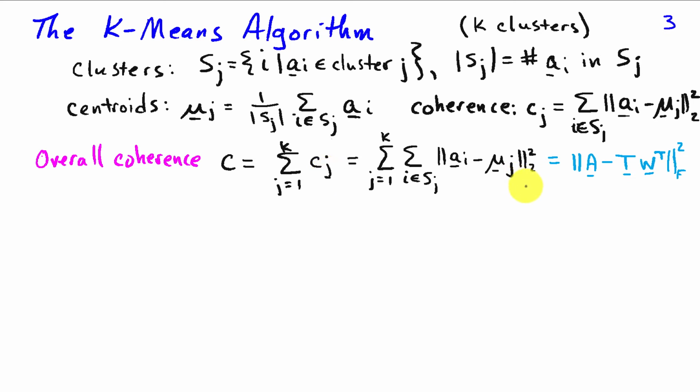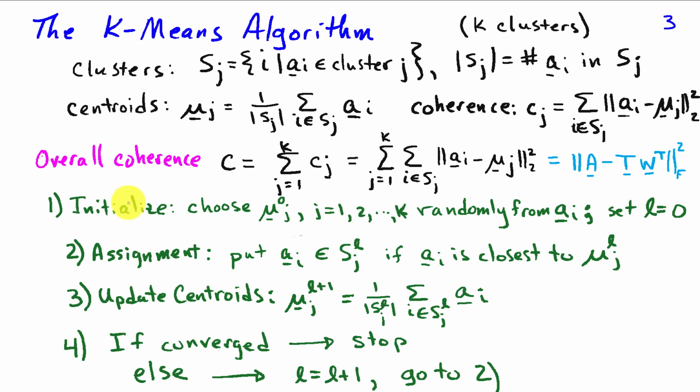And it turns out that this is the Frobenius norm squared of the difference between the matrix A and this factorization T times W transpose. And the Frobenius norm is a norm that applies to matrices. It's given by the sum of the squares of all the elements in the matrix.